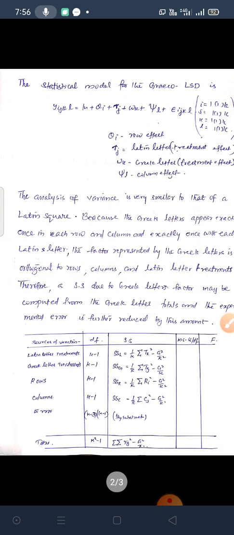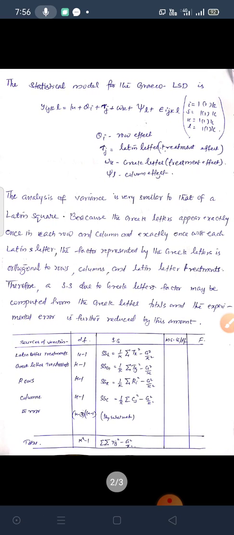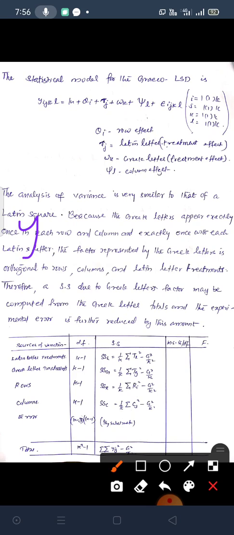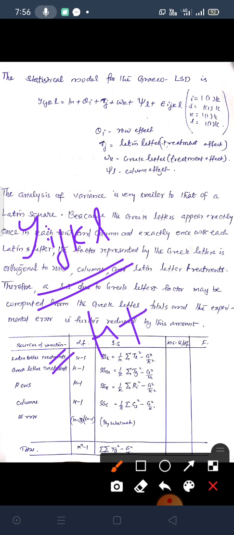Then we go to the analysis part. We can represent the model as Y_ijkl.